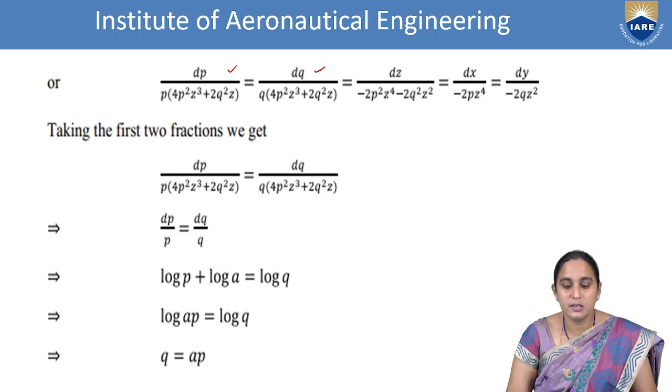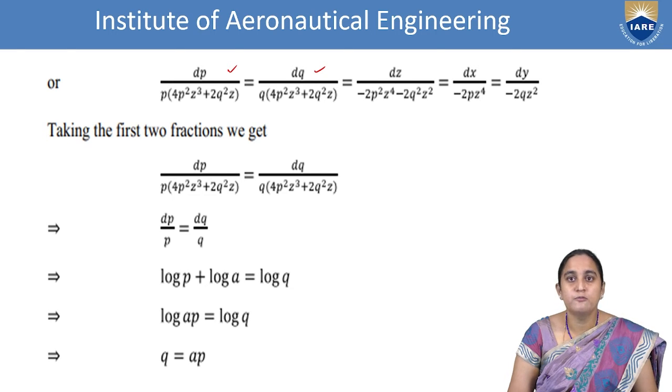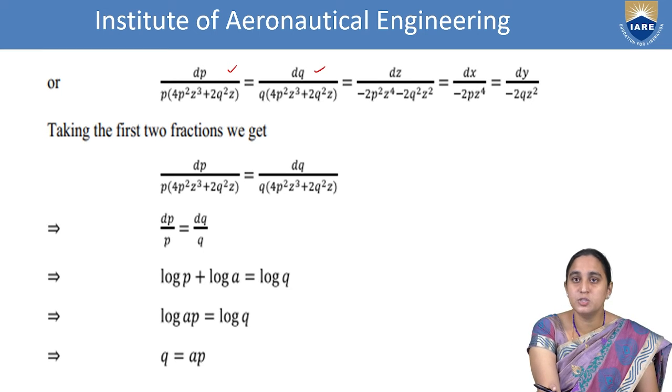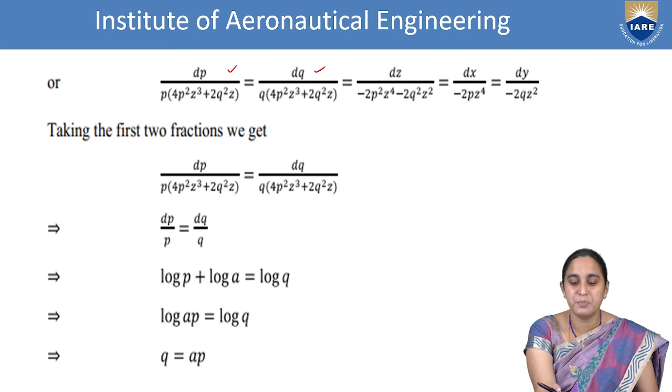What are the two here? dp by p into 4p square z cube plus 2q square z, that is equal to dq by q into 4p square z cube plus 2q square z. If we equate these two, we easily get either q or p value.